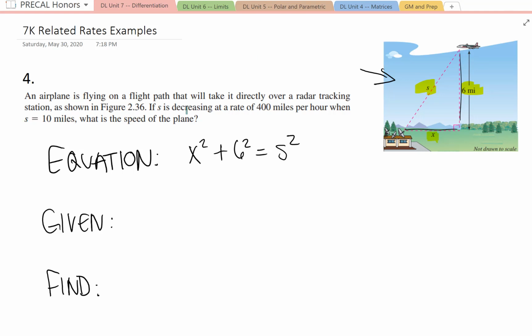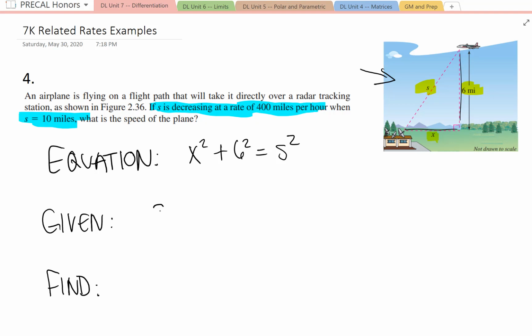What have we been given? If s is decreasing at a rate of 400 miles per hour when s is 10 miles, what is the speed of the plane? Okay, s is decreasing at a rate of 400 miles per hour.